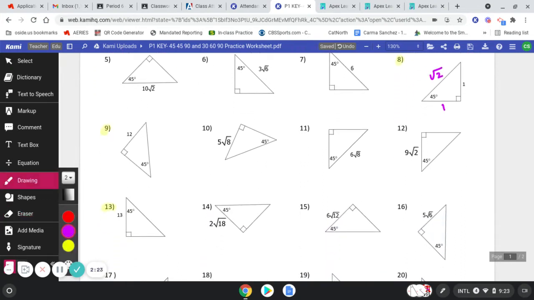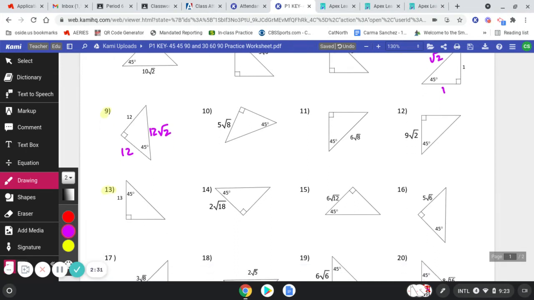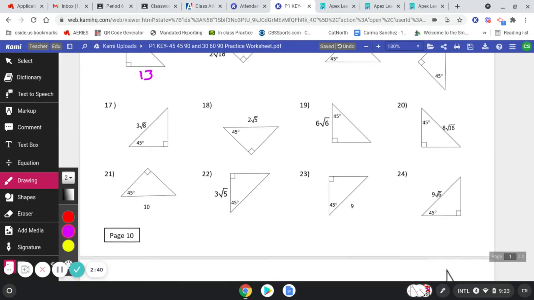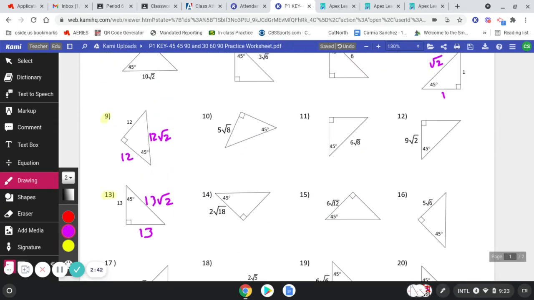Number 9 has a 12 as the side length, another 12 is the other side length, and that makes the hypotenuse 12 root 2. Are you starting to get the hang of this? This has a 13 side length, so the other side length is 13. So the hypotenuse is 13 root 2. And that's it as far as those nice easy ones where they already gave us the side length.